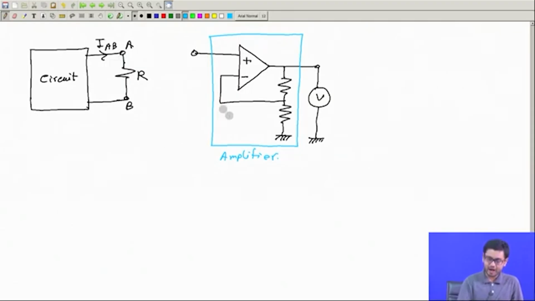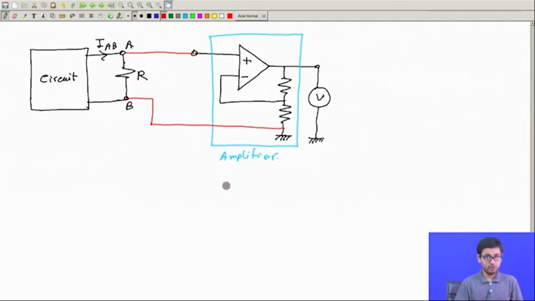Basically this amplifier measures the voltage applied at this point with respect to the ground. So what I have to do, I can connect one of the terminals to the ground, and the other terminal here.